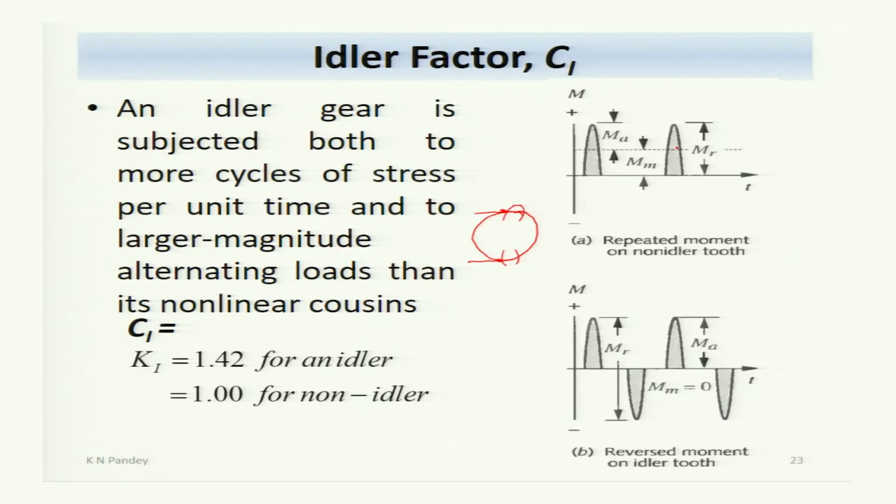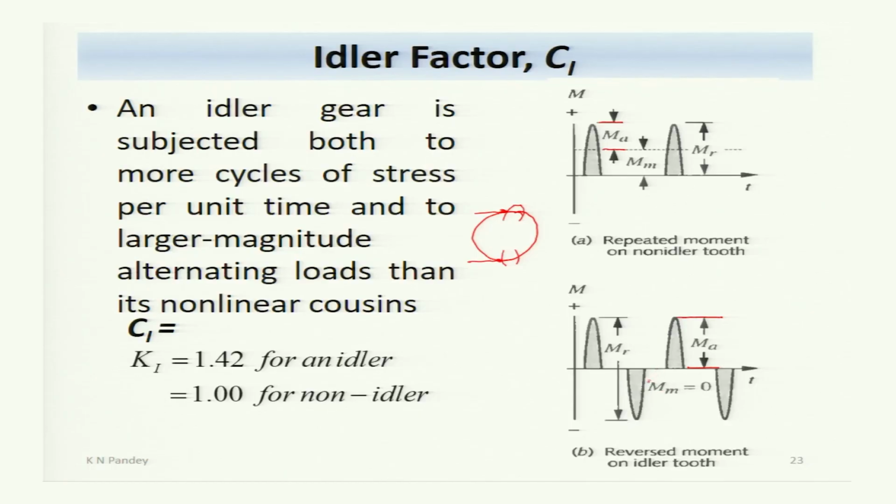In the case of pinion and gear, the load will be represented by this, with an amplitude of the bending moment that is smaller in comparison to the idler, where the amplitude of load is given by this one, and here the mean load is 0.